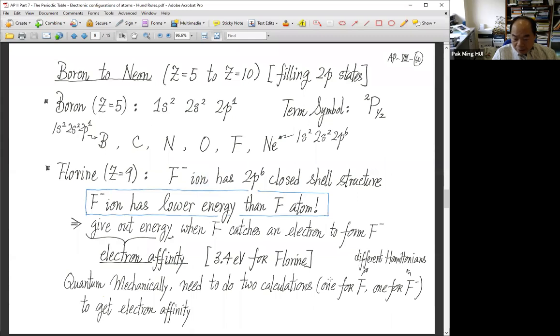So basically, you need to do one calculation for the neutral fluorine atom, a separate calculation for the fluorine ion. You compare ground state energy. The result is that this has a lower ground state energy than that. So overall, if you give the F neutral atom 1 more electron, there is an energy difference that is called electron affinity.